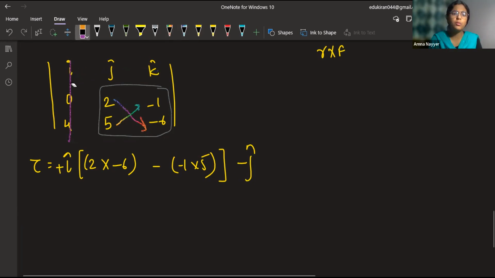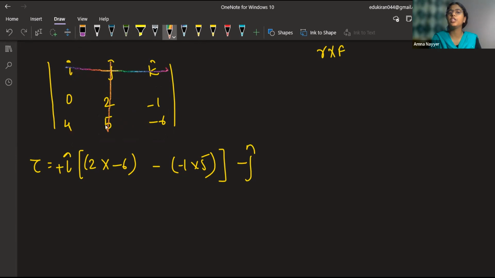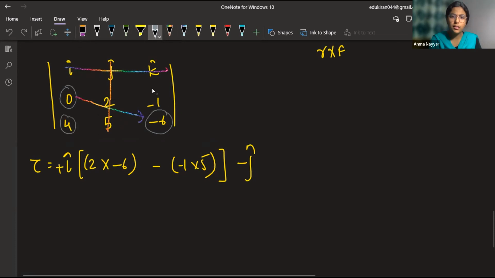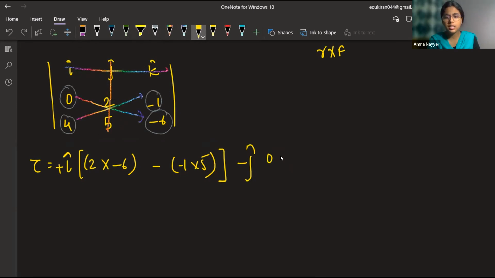See, for J cap, what will we do? When we are talking about J cap, eliminate the row and column of J cap. What all quantities are left? 0, minus 6. So they'll be multiplied. 4, minus 1. They will be multiplied. So same method. 0 into minus 6, right?